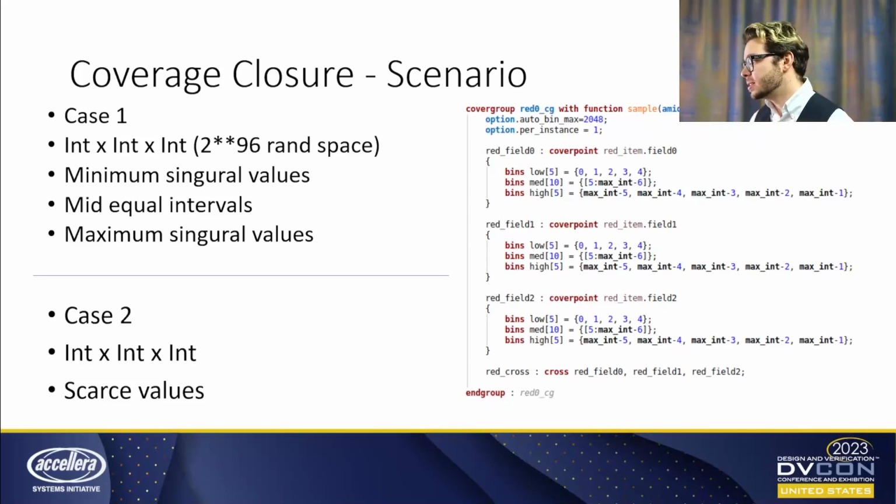The second case, the one which is very favorable for our script, is where you actually have complete scarce values. In the first case, we do have the low and the high, which are going to be very hard to cover in the cross, but we also have the mid intervals, which is being crossed with the low and the high. So in this case, the entire space of the variables is actually being used.